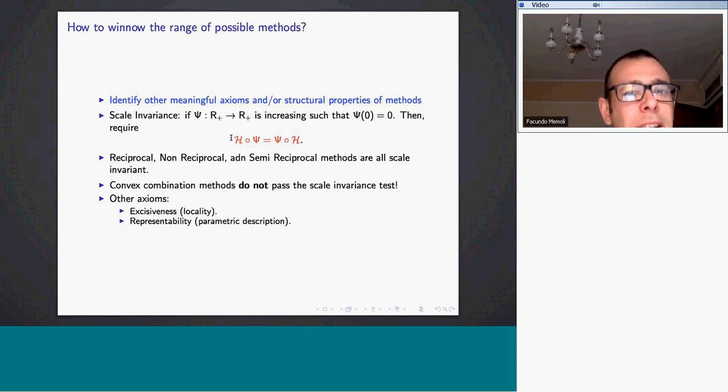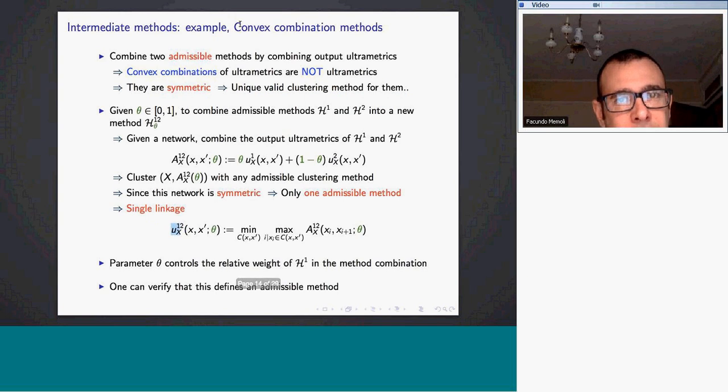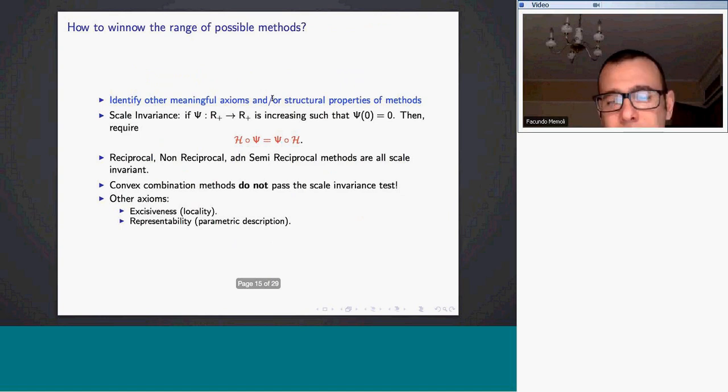A being a clustering method, which in this case we understand as a map into the ultrametric networks, with commutativity between C and A for all these functions. Now, this convex linear method satisfies this.